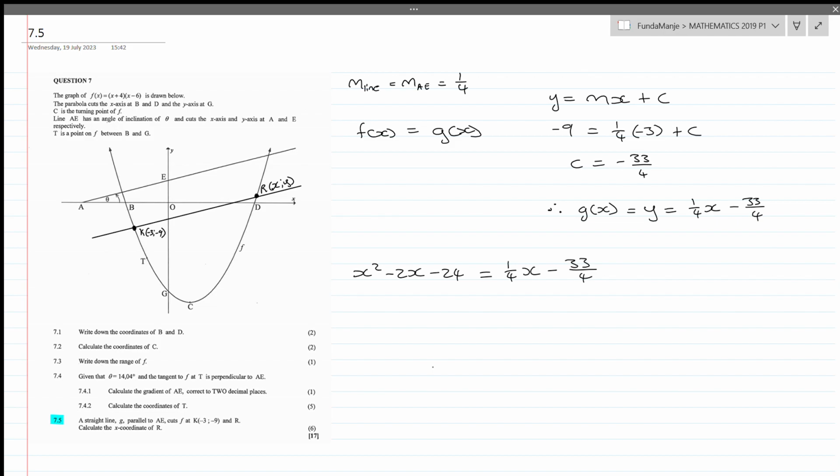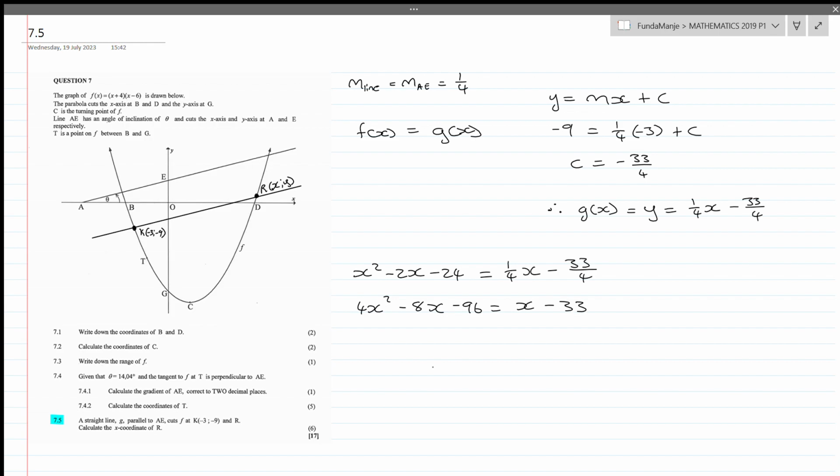Whenever you work with an equation, you never want to work with fractions. So in order to remove these fractions, we're going to multiply through by 4. Multiplying this by 4 gives us 4x squared. This will give us minus 8x. Multiplying this by 4 will give us minus 96. And this will just be now x, and this will just be 33.